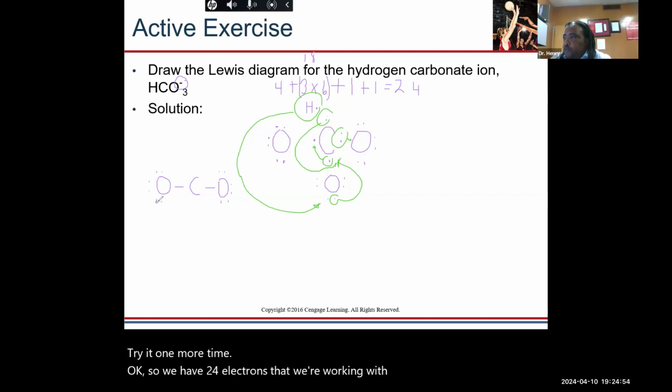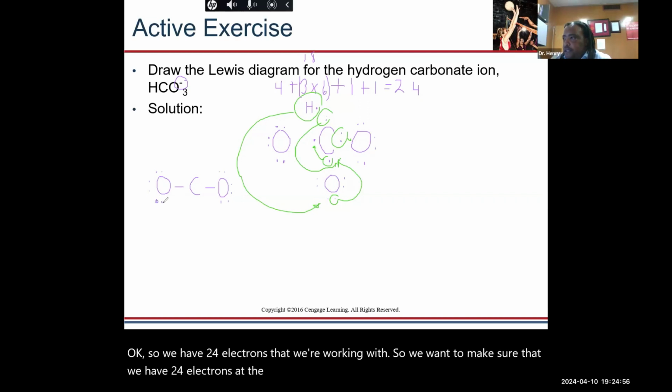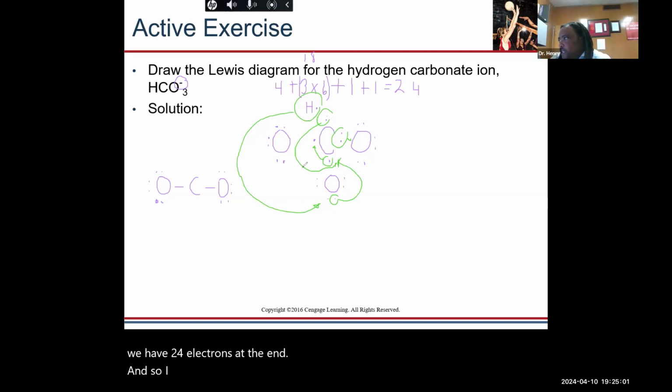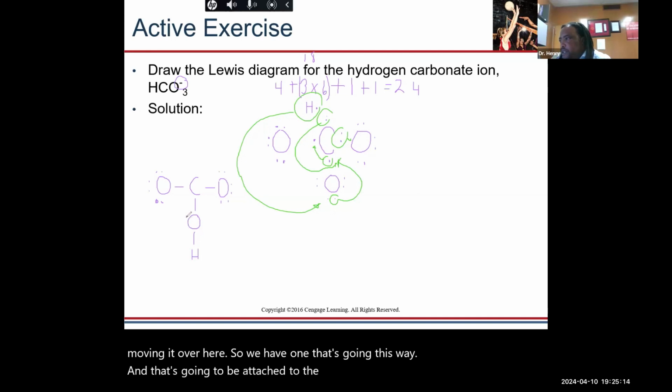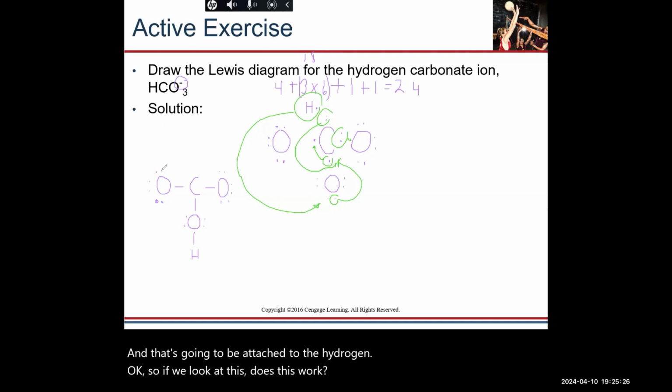So we want to make sure that we have 24 electrons at the end. And so I said, we're taking this electron, moving it over here, taking that one, moving it over here. So we have one that's going this way. And that's going to be attached to the hydrogen. Okay, so if we look at this, does this work? Yes.